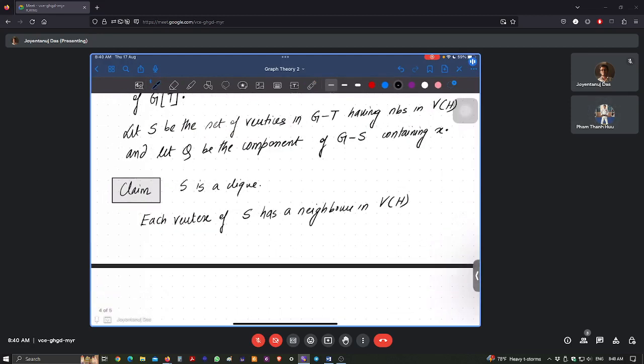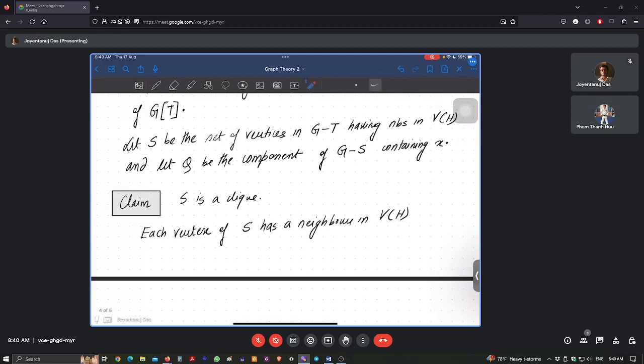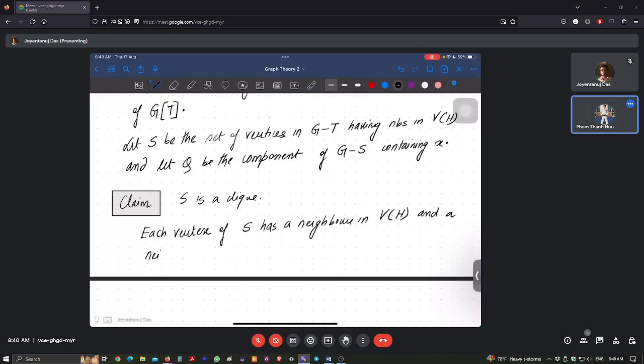And also it has a neighbor in Q, because Q is the component of G minus S that contains x.